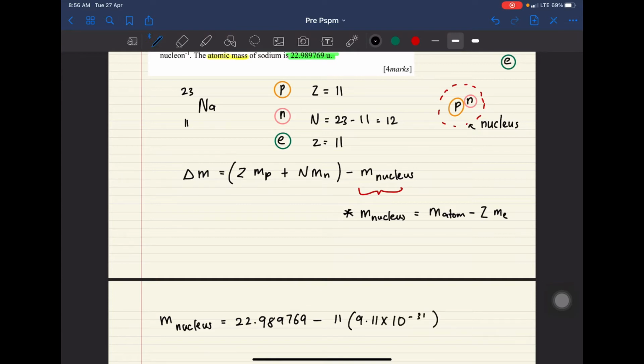I might have to double check the mass of electron, but that one is in kilogram. Because we are using U, we have to use the same unit.